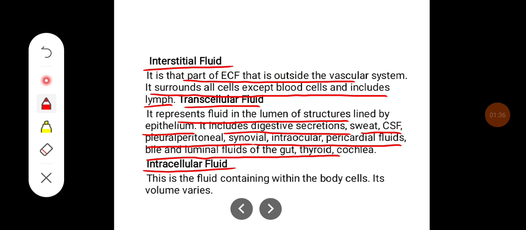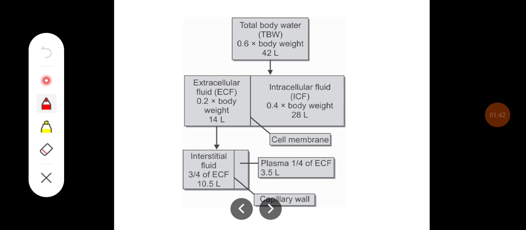Intracellular fluid. This is the fluid contained within the body cells. Its volume varies. If you see the total body water, 60% of the total weight is made up of body water. And total body water can be, as we discussed, extracellular or intracellular fluid.